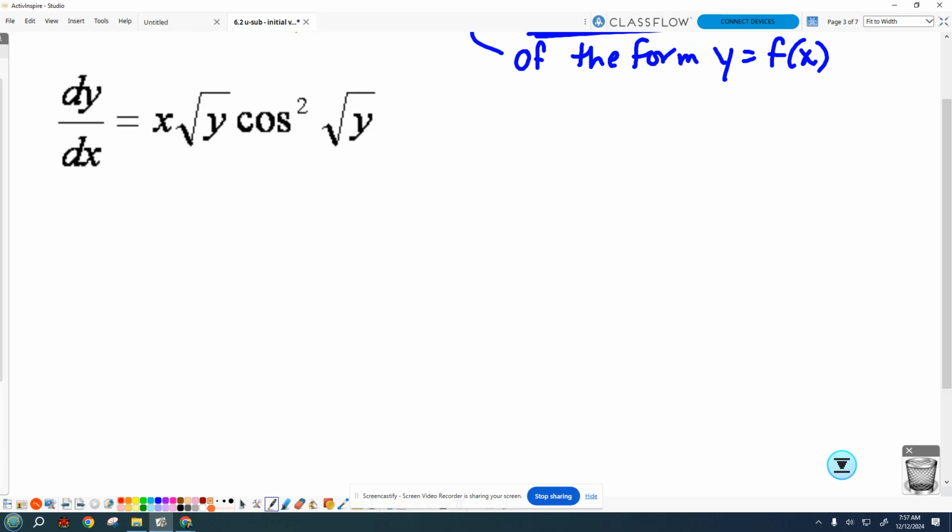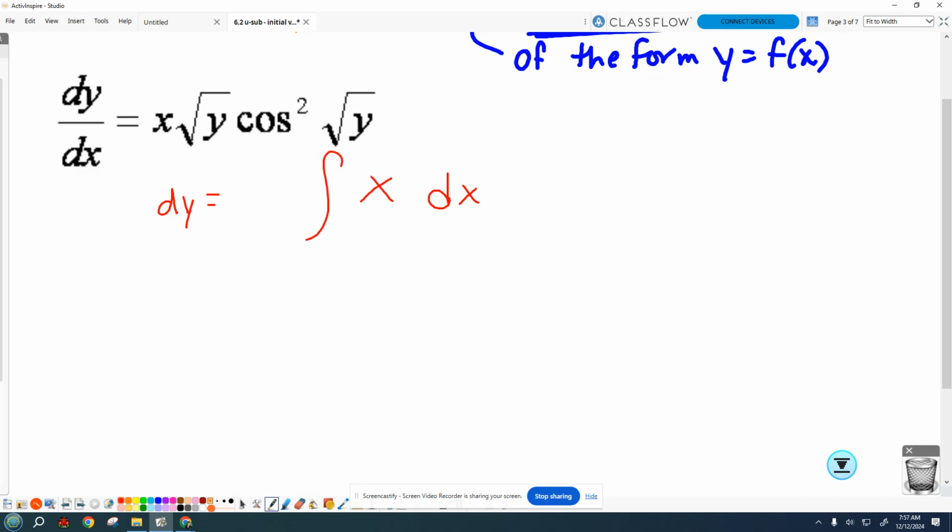Okay, so they're called separable differential equations that we solve by separating the variables. Y's go with y's, x's go with x's, and dy and dx are basically the width of the rectangle.